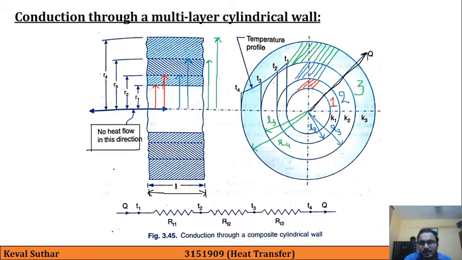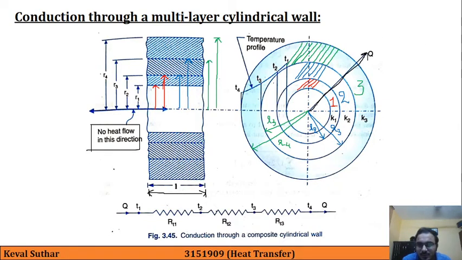And as there are three layers, we are assuming that fluid is moving inside this inner hollow portion. So here let us say that there is a hot fluid inside this. We can also consider it to be steam. So here there will be something like steam, and here we will have normal environmental air or atmospheric air.